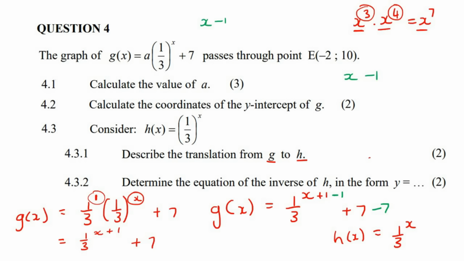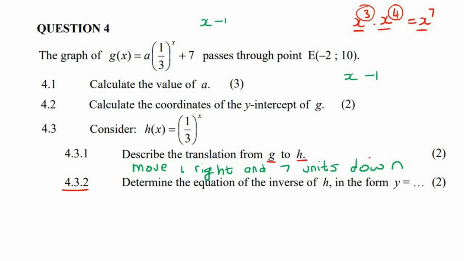So a minus means right, and a plus means left. Okay, so let's write that down. We moved 1, so we say move 1 to the right. And then what are we doing here? Well, here you are moving 7 units down. Okay, that's the answer.